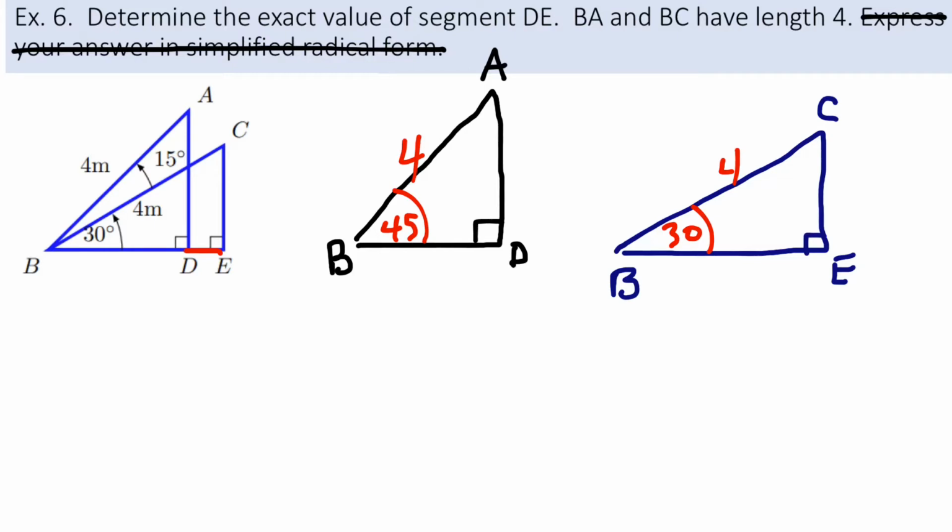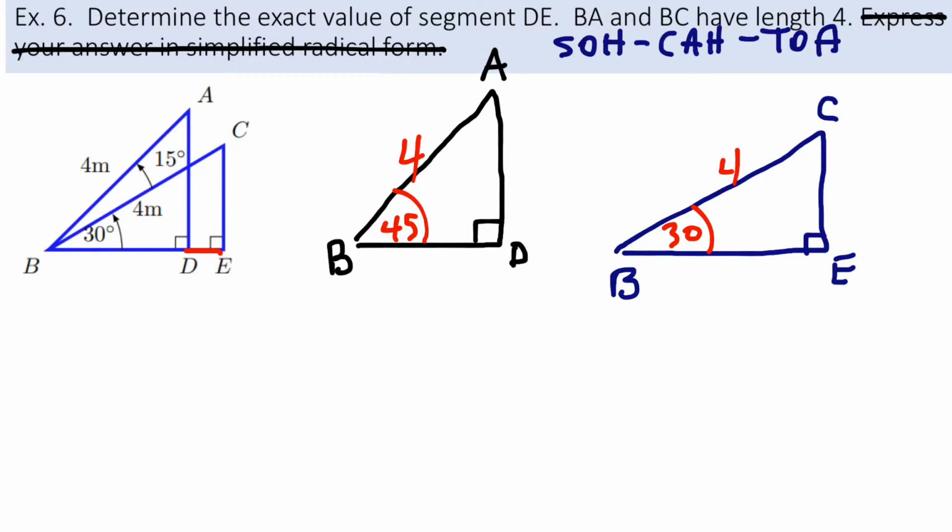So let's come up with a strategy as to how we're going to find DE. What I'm noticing is if I could find the length of BE and subtract the length of BD, that'll give me this small length DE. So that's the strategy I'm going to employ. So that means I got to find this length and subtract those 2 lengths to give me DE.